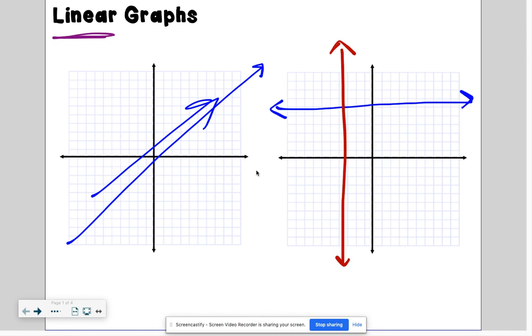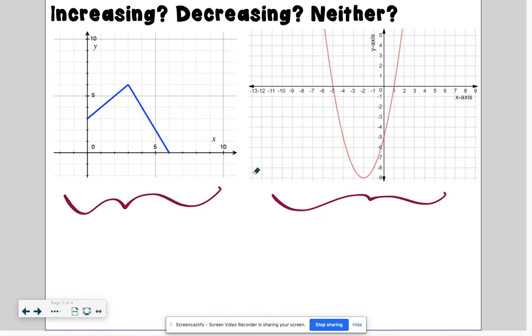The whole thing is increasing. If we look at this blue line over here, it's not increasing or decreasing. It's staying the same. It's keeping a constant y value. Now, the difference between this and our graphs that have multiple parts to them is that we can see parts of the graph are increasing, but parts are decreasing.